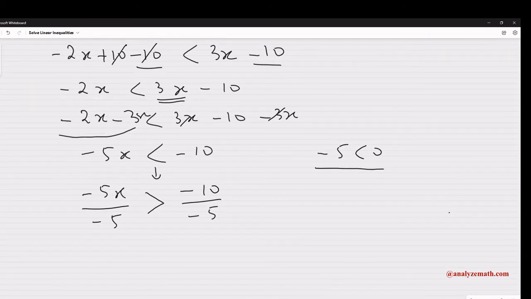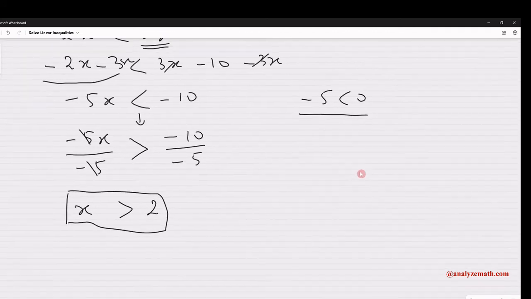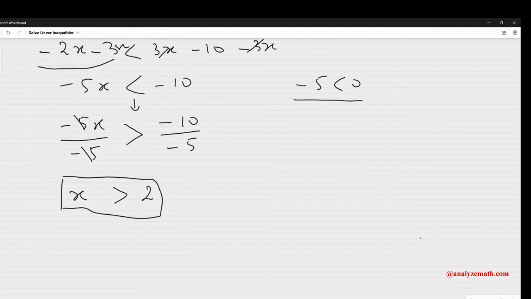This is very important. So now negative 5 by negative 5 gives me 1x, greater than negative 10 over negative 5 gives me 2. So this is the solution set in inequality form.